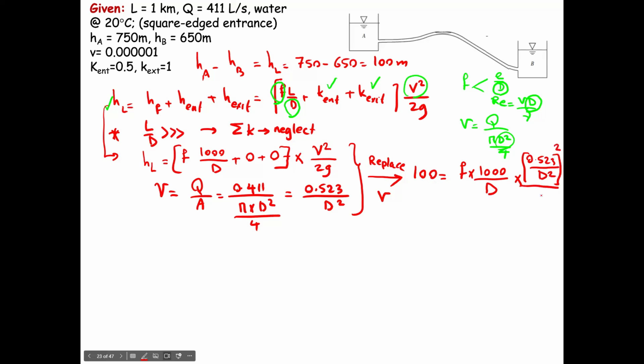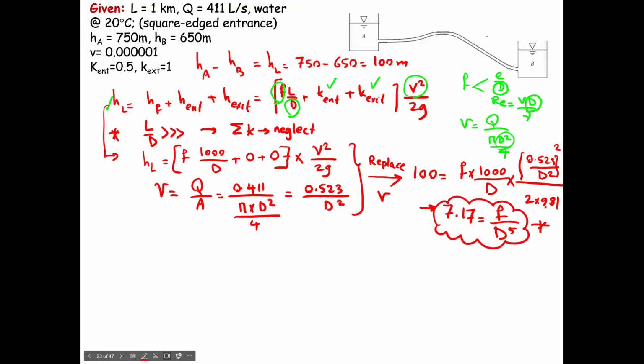The whole thing is squared over 2 multiplied by 9.81. A bit better. That's the one. And if I simplify that, I would like you to have one equation including F and D. And you need to keep this guy. I will call it a star because you need it later.